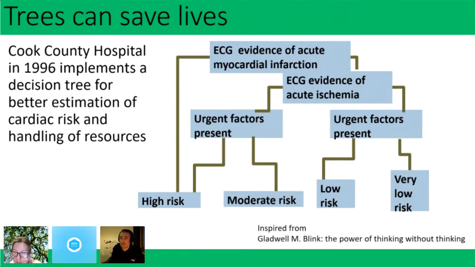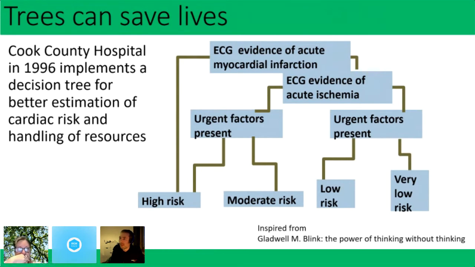So one of the managers, based on some of the early papers on decision trees, and with some collaborators, put in place this flowchart, this scheme, where the patients are streamlined into the high-risk units, or moderate risk, or low risk, or very low risk units, according to this scheme.